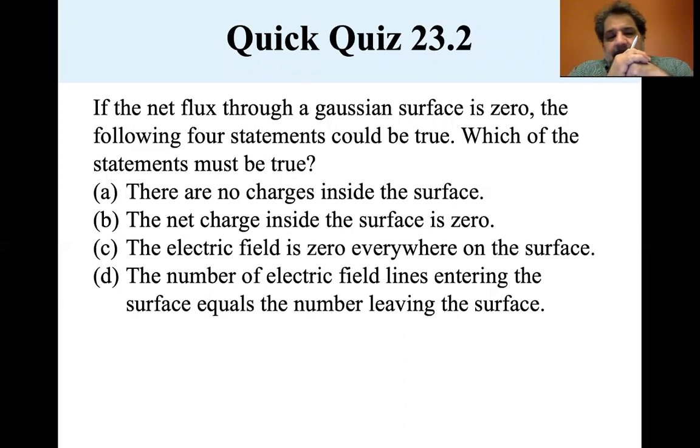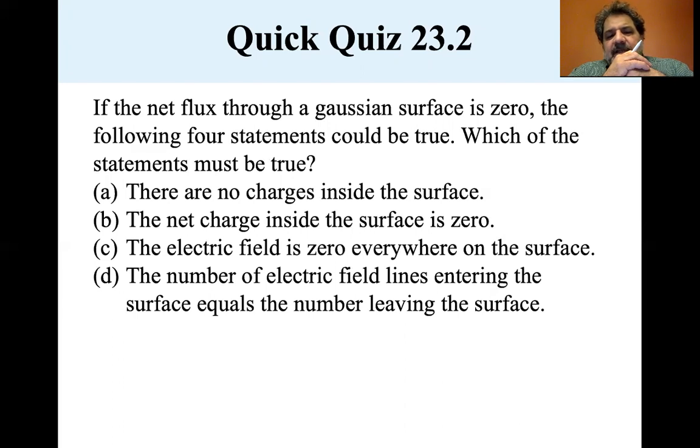So A doesn't necessarily mean that there's no charges. The fact that the net flux through the Gaussian surface is 0 means that you could have a positive and a negative, and they would cancel each other.